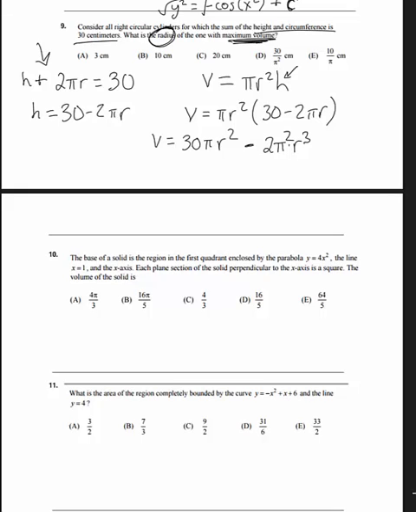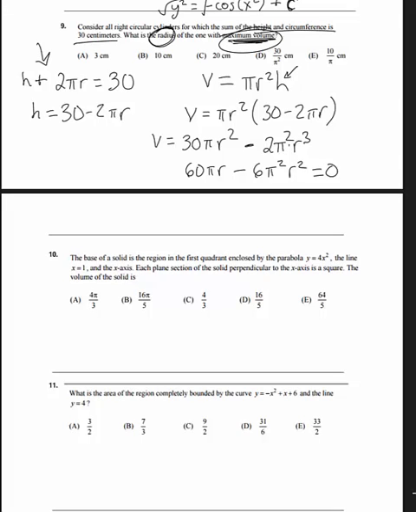Now we're going to take the derivative of this and set it equal to 0 so we can maximize it. So the derivative would be 60 pi r minus 6 pi squared r squared, and we're going to set that equal to 0.